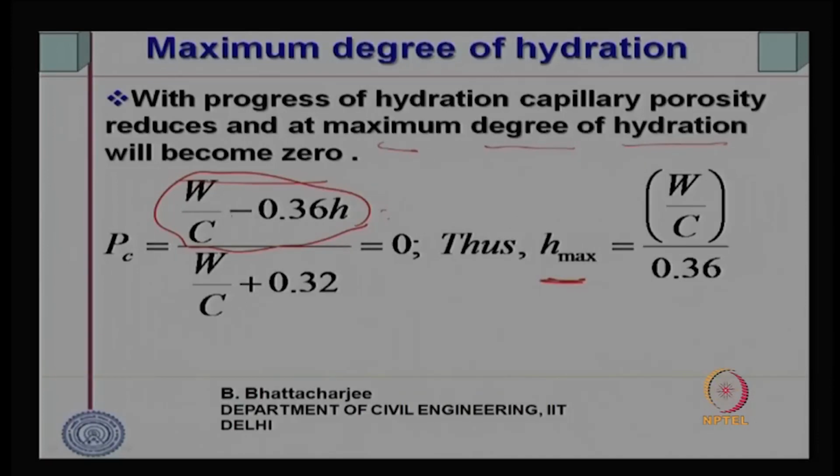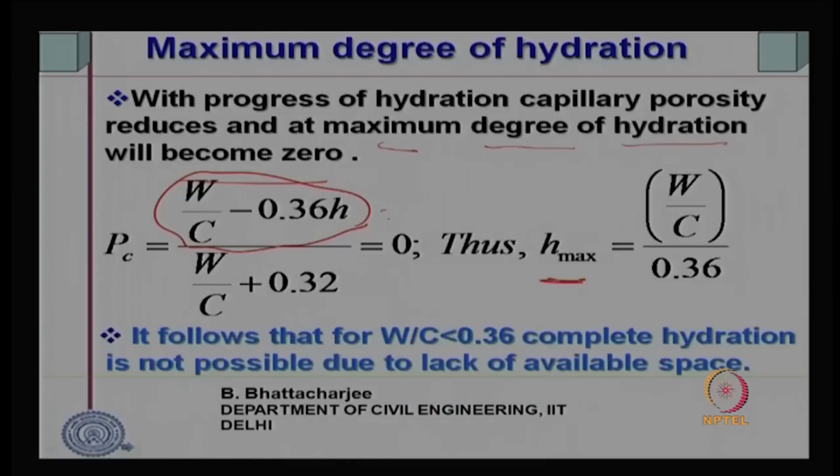In other words, if I have a water cement ratio less than 0.36, I will never have complete hydration. This term will be negative, and you can't have negative capillary porosity. That means you need more space than is available. Therefore, with water cement ratio less than 0.36, complete hydration is not possible due to lack of available space to be filled by product of hydration.